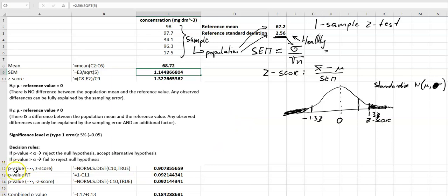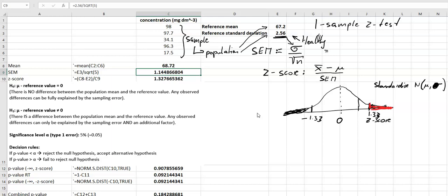So how can we actually calculate the p-value? Well, we realistically need to do that in 2 steps. We want to calculate the p-value of this red part here.